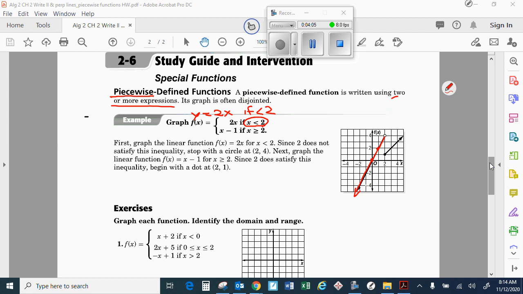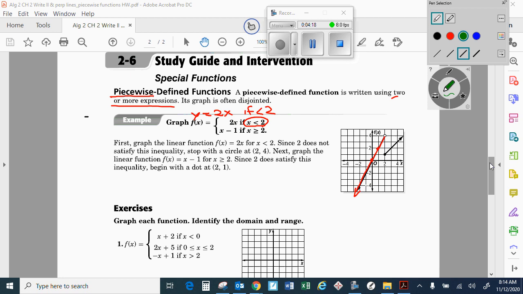Notice it's an open circle because it does not equal 2. I don't graph it when it equals 2, only when it's less than 2, so I have to have an open circle there. And so that gives me that ray right there. Now graph the line y equals x minus 1. Okay, x minus 1 is right here.